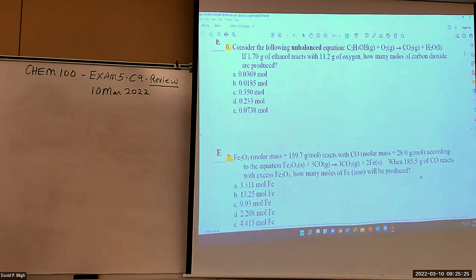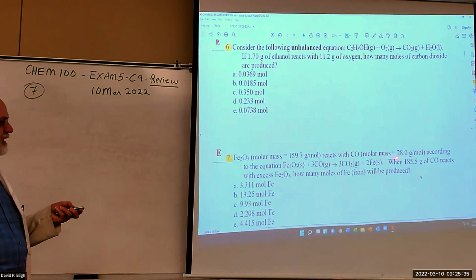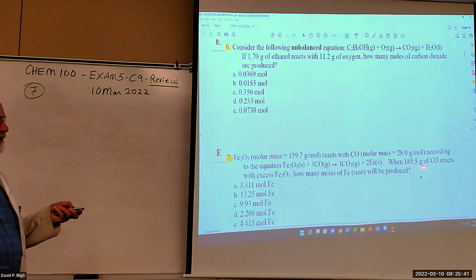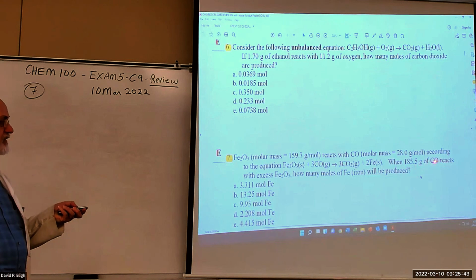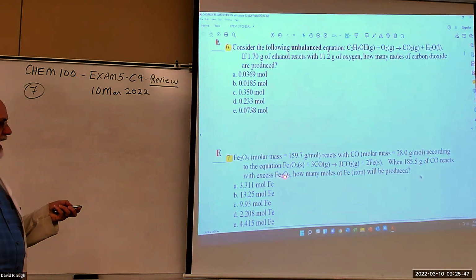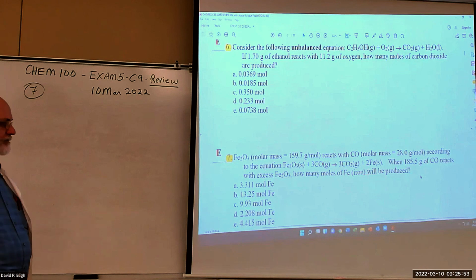How about 7? Fe2O3, I'm going to give you the molar mass, reacts with carbon monoxide according to this equation, which appears to be balanced. When 185.5 grams of carbon monoxide reacts with excess iron 3 oxide, how many moles of iron will be produced?